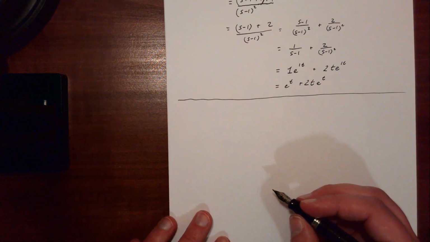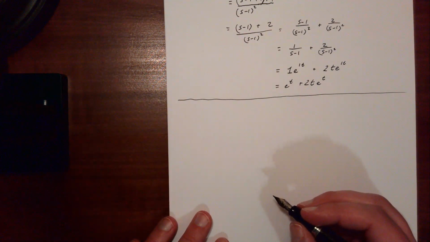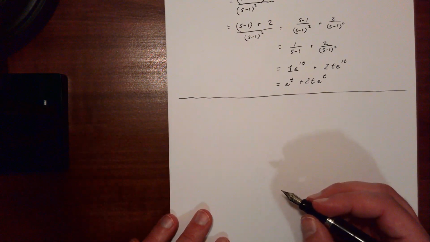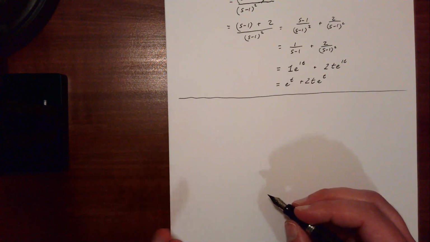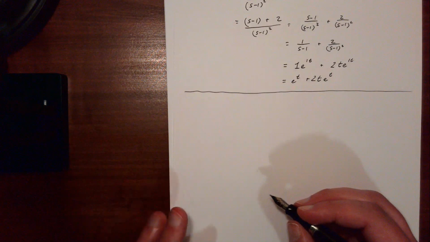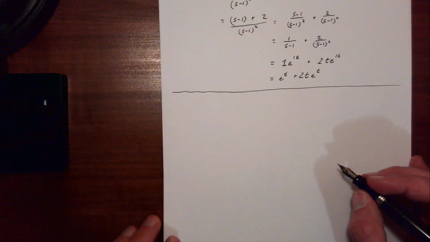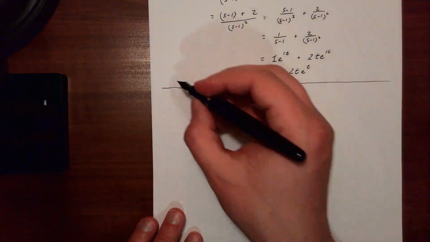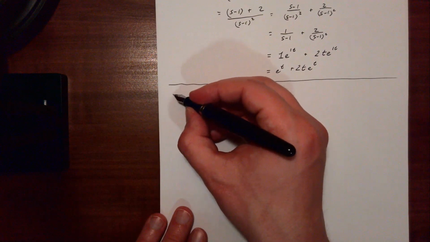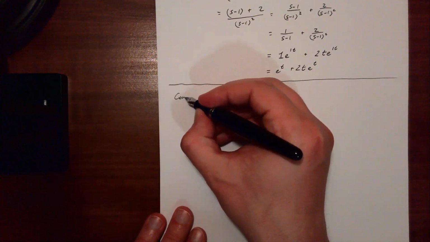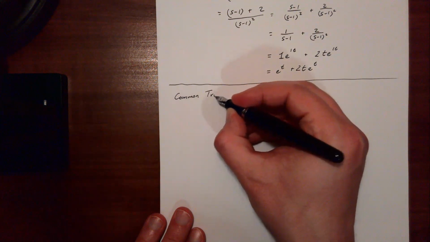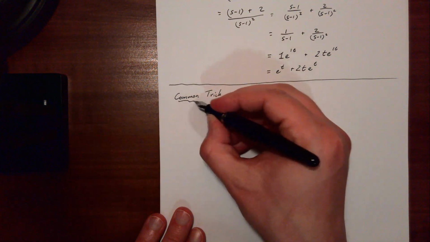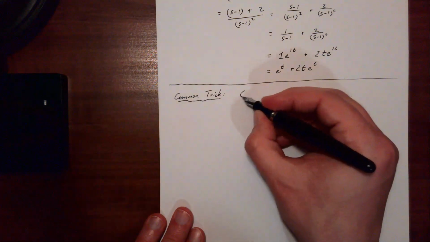Now, that's sort of the best case scenario where you don't have to do anything too exotic in your algebra. But sometimes you do have to do something a little bit more off the beaten path, such as this. So a common trick that we may need to do is to complete the square.